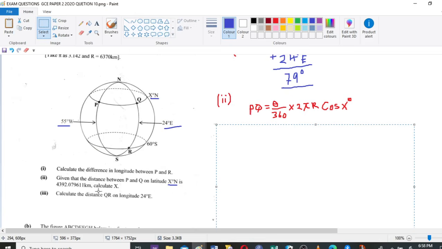Next we just figure out what to do. Take note that you have been given the distance between these 2 points, and that distance is being represented by PQ. So where we have PQ, we substitute the distance that we have been given. This is the distance that we have there.